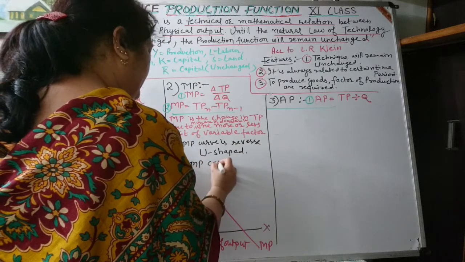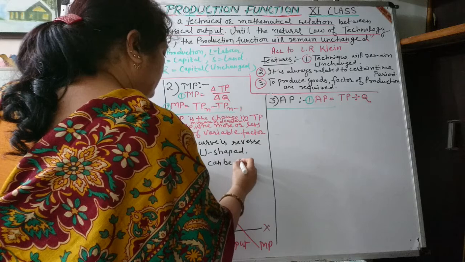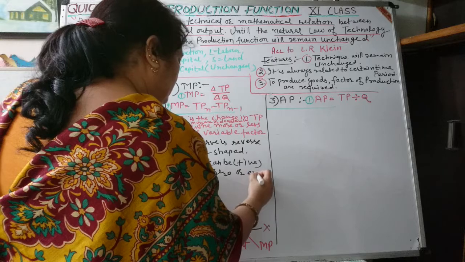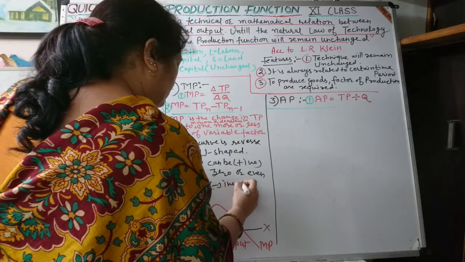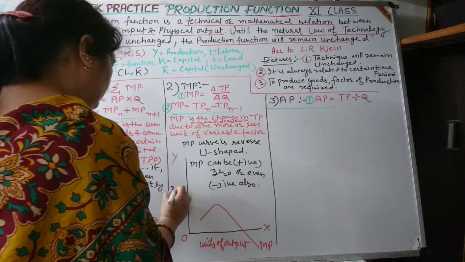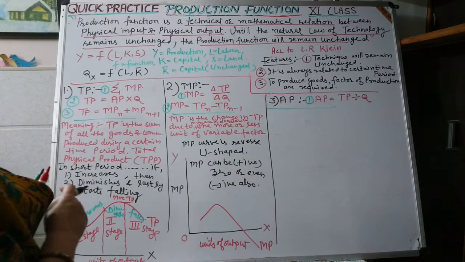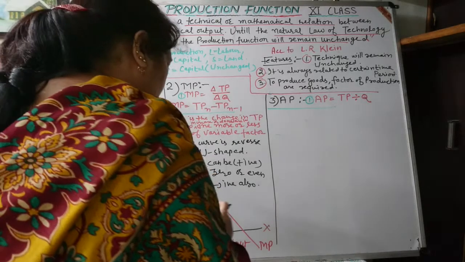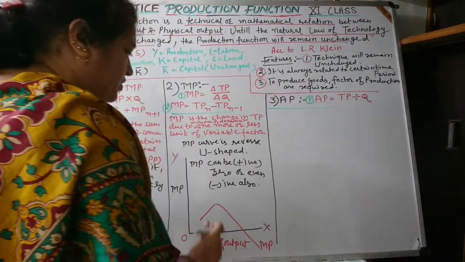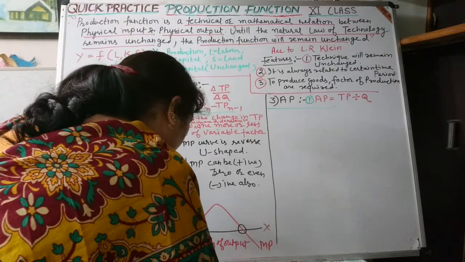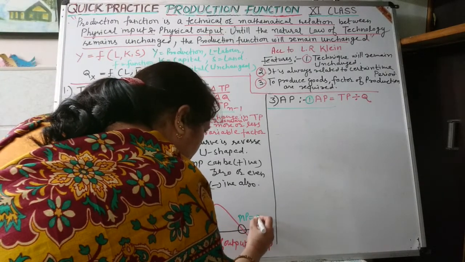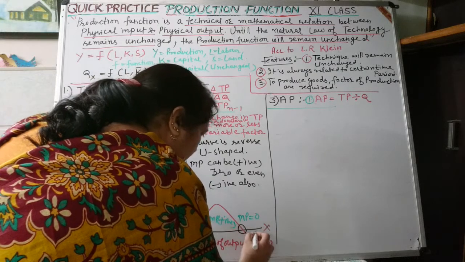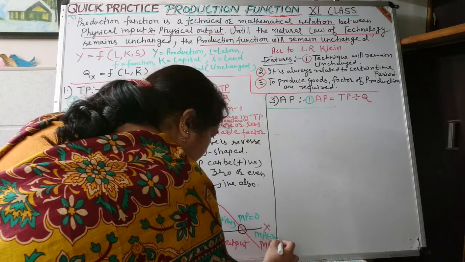MP can be positive, 0, or even negative also. So this is the shape of marginal production. Here MP is 0, MP positive and MP negative.